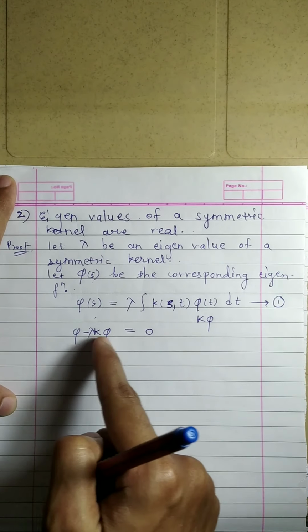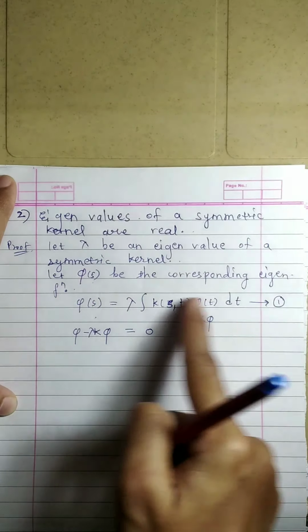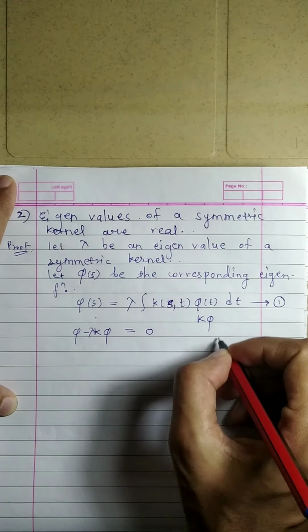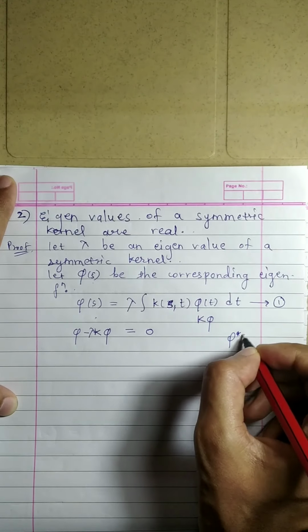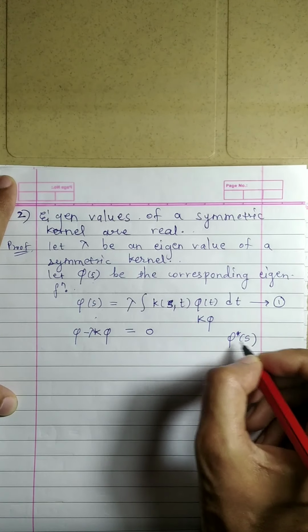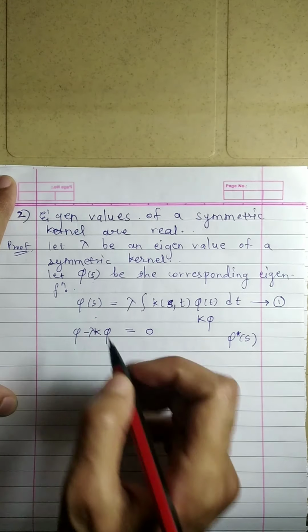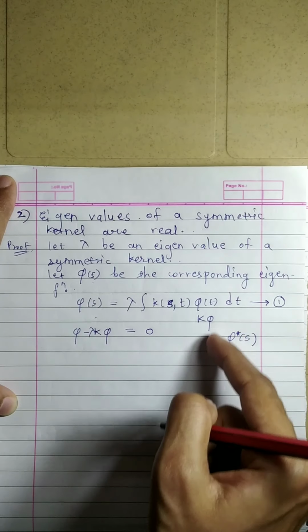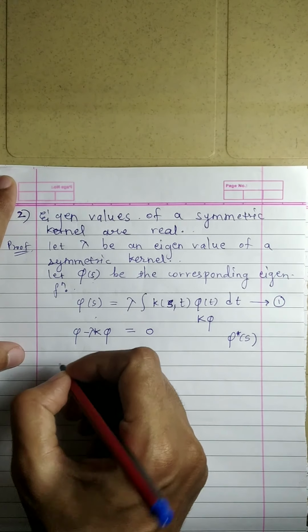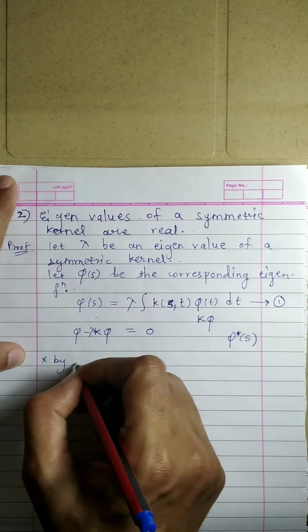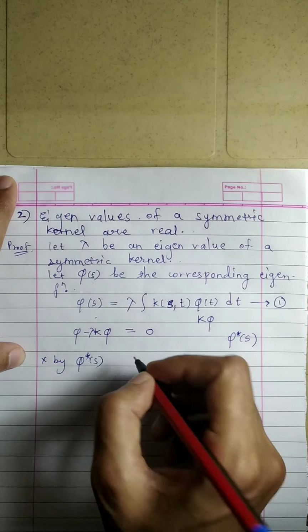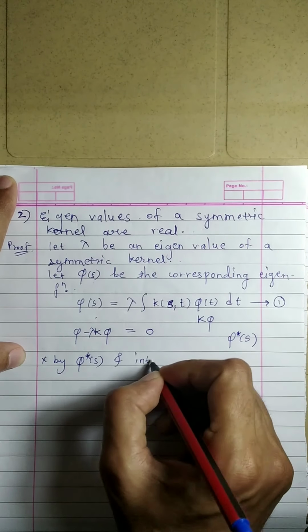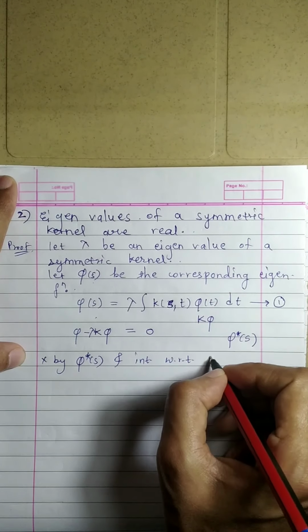Now we will multiply this equation by phi star of s, that means the conjugate, and integrate with respect to s.